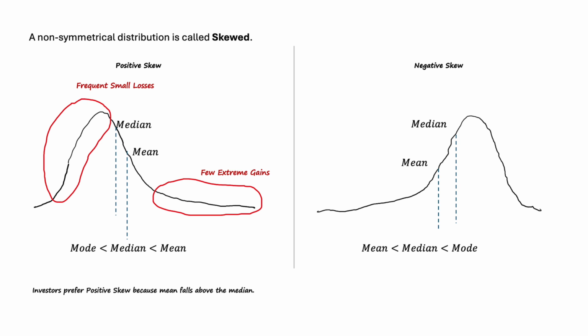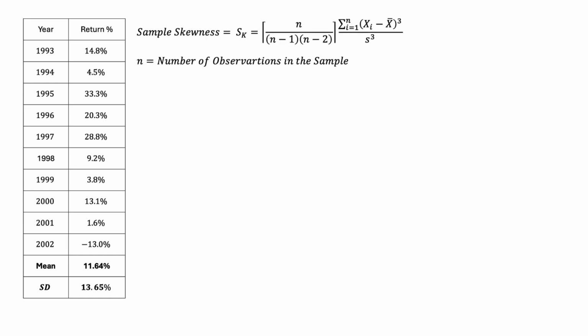So now let's say I have the following table where I have the following returns, and I have the mean of 11.64 and a standard deviation of 13.65. And if I wanted to calculate the degree of skewness, what we talked about in the previous slide, I simply follow this formula where n equals the number of observations in the sample and s is equal to the sample standard deviation.